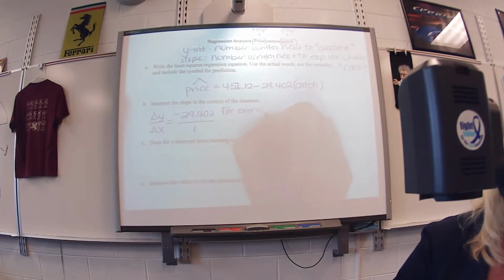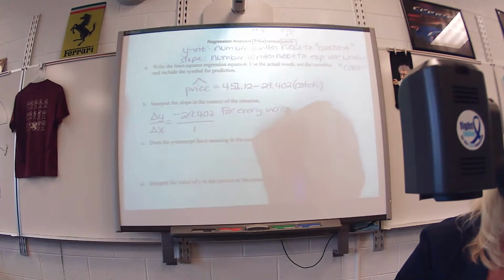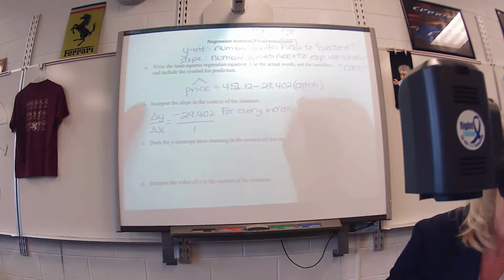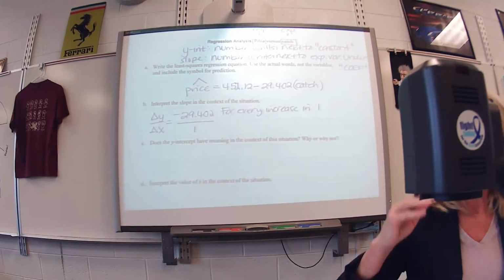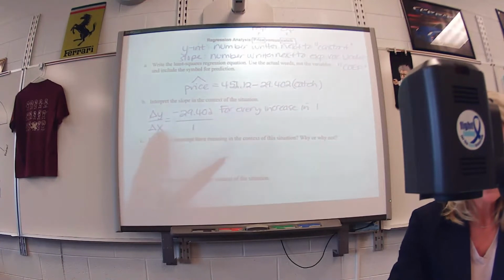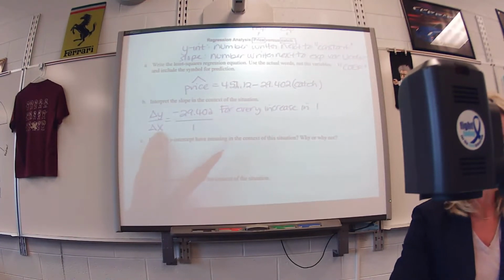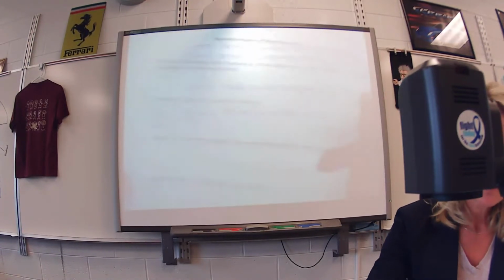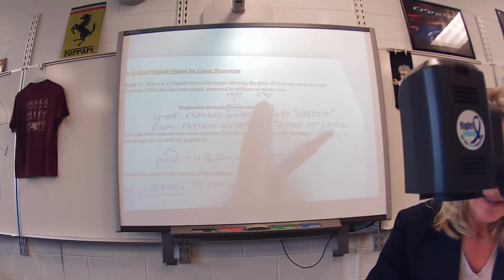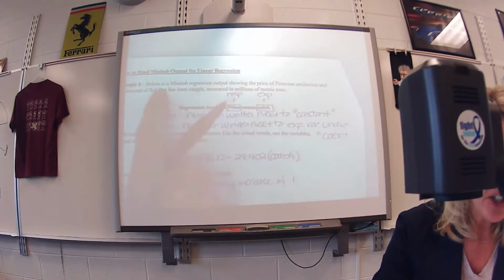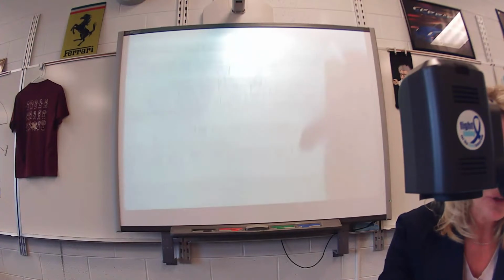For every increase, because the 1 is positive, in 1, and the 1 is x. What is x measuring? How many fish I've been caught in millions of metric tons.